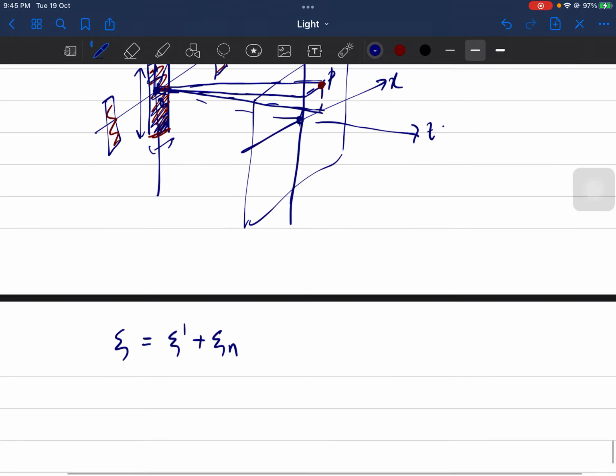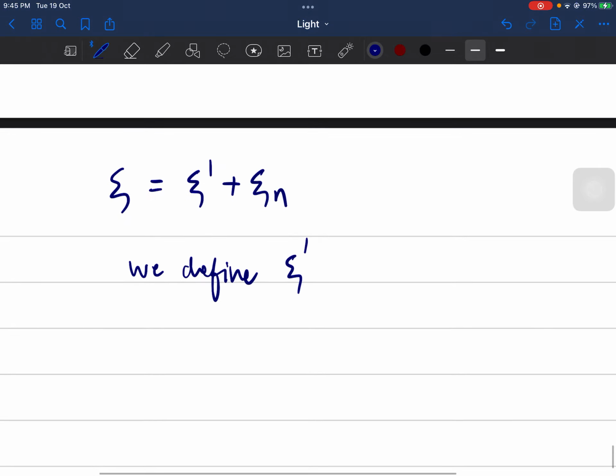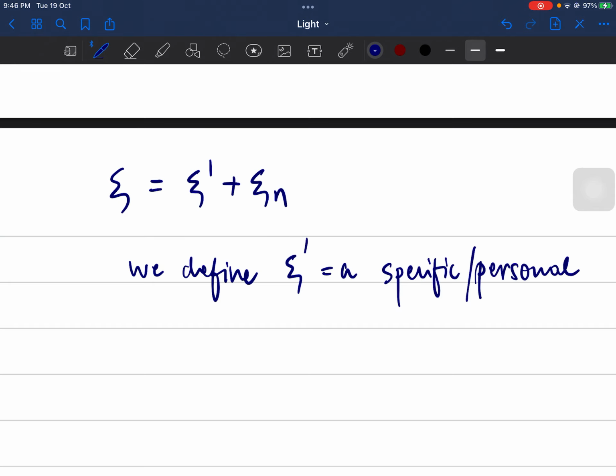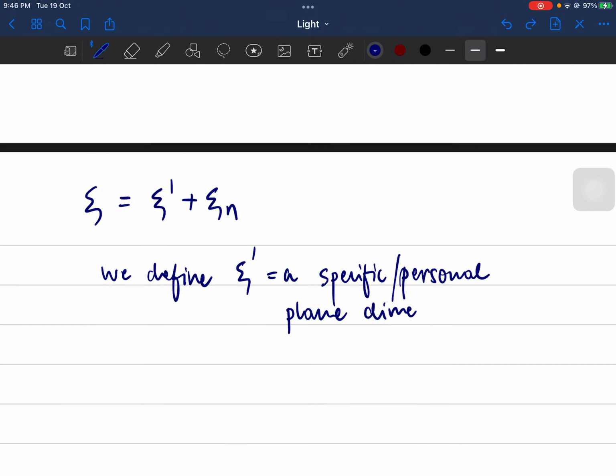You see that what basically we are doing is we define xi prime as a specific or personal plane dimension to each slit.